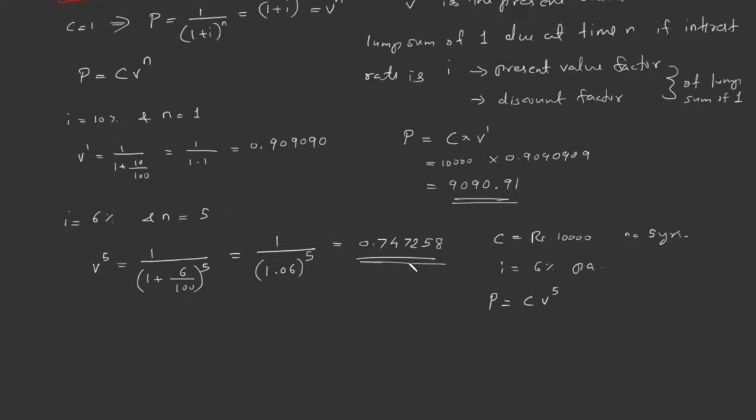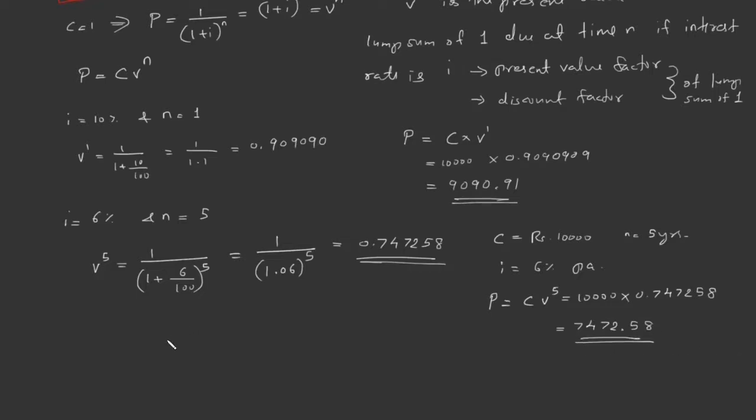And we already calculated it as 0.747258. Substitute the value. C is 10,000 into 0.747258. That is equal to 7472.58.